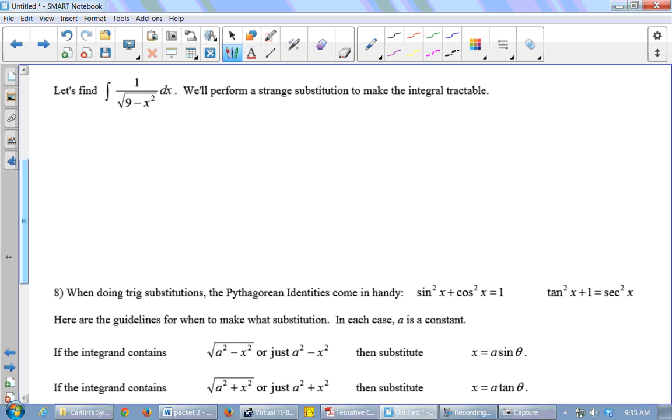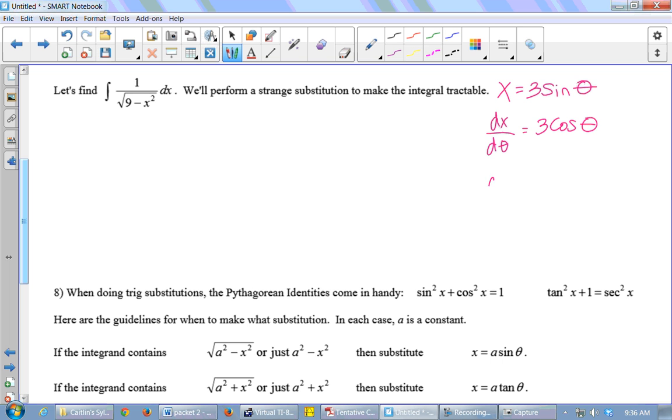Okay, so we're going to make a strange substitution to make this possible. I'm going to substitute x with a sine theta, in this case 3 sine theta, which means dx d theta is 3 cosine theta.